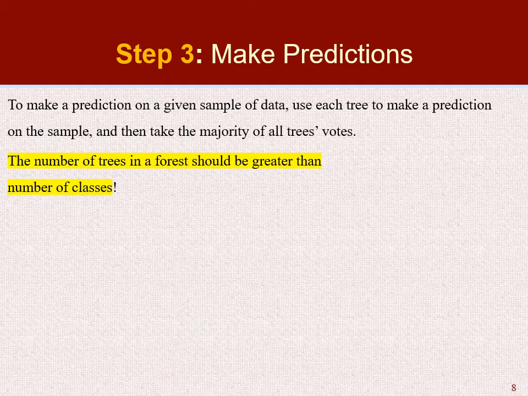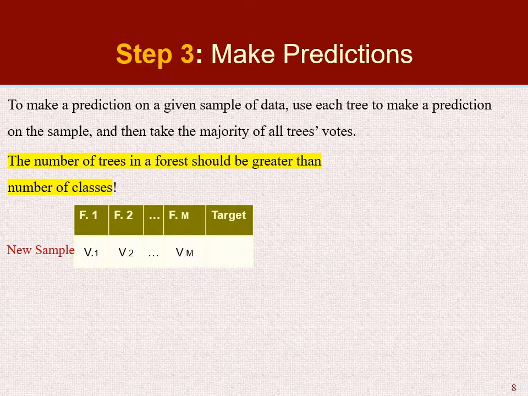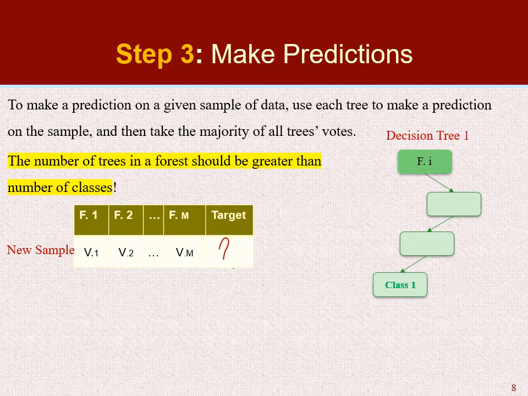Assume that we get a new sample of data. So we know all the feature variables for this sample of data, but we don't know what target variable this would belong to. So basically, we want to use our random forest to classify this new sample. So what we do is we take every tree in our forest and run it through this new sample data to see what class they would classify it as. So for example, the first tree classifies this as class 1.